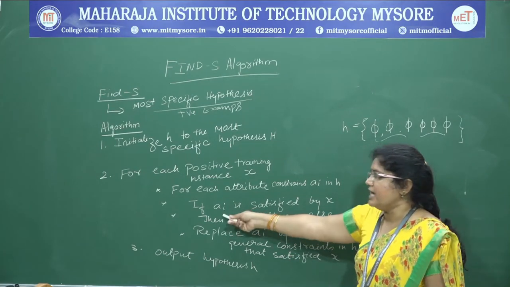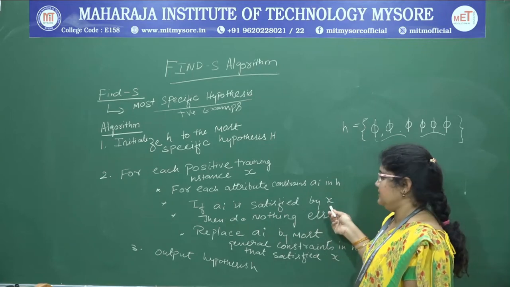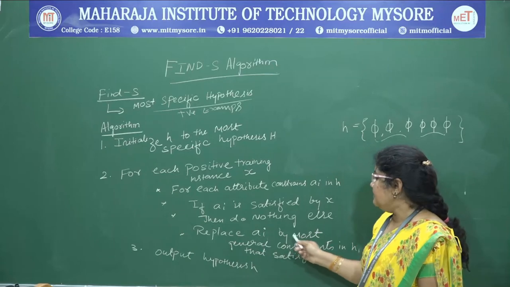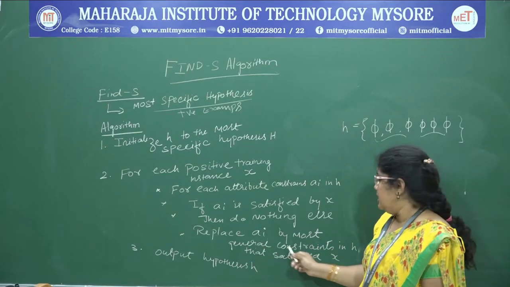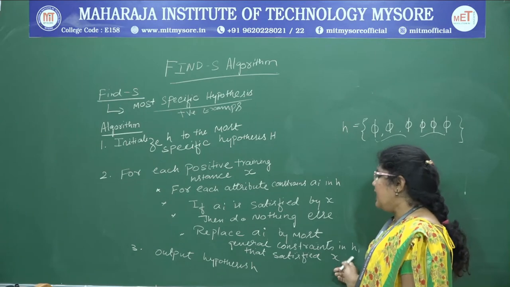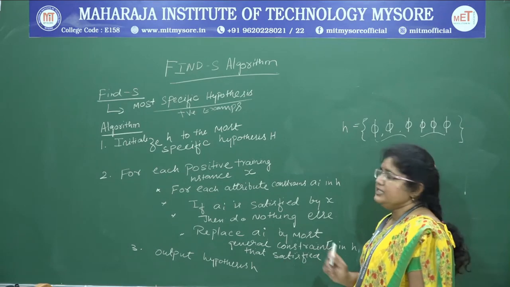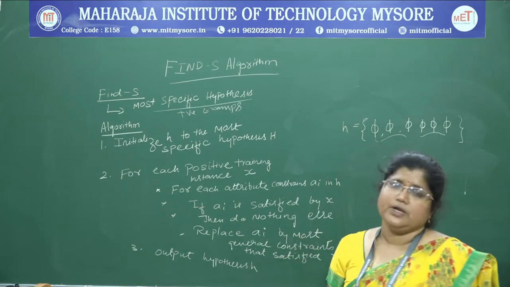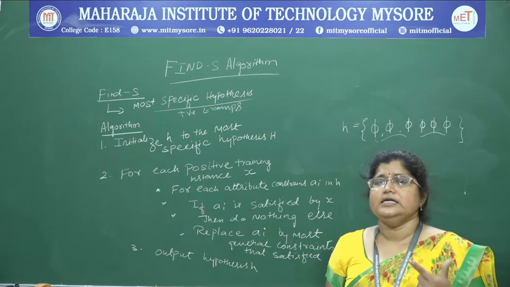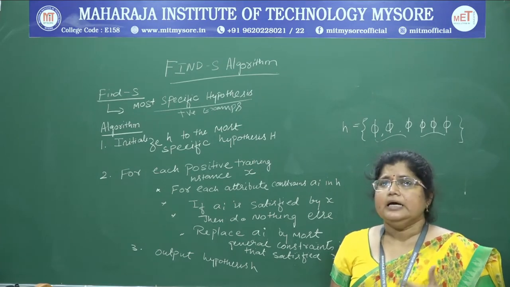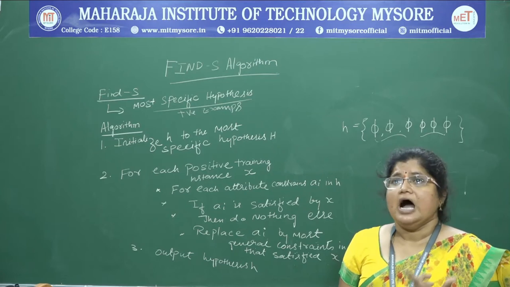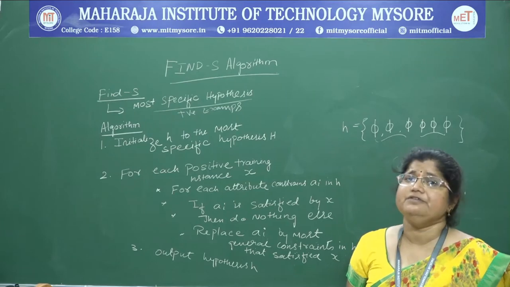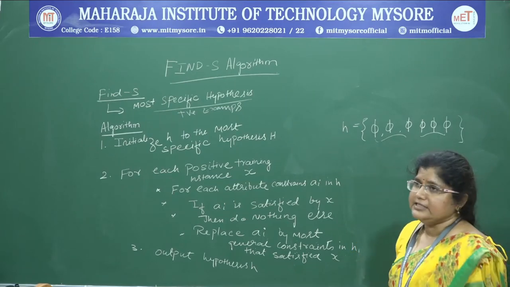If ai, that is the attribute, is satisfied by x, then do nothing. Else, replace ai by the most general constraint in the hypothesis, so that we can satisfy the positive training example. That's the second step we perform. The second step must be performed repeatedly until we traverse all the positive examples of the training data set.